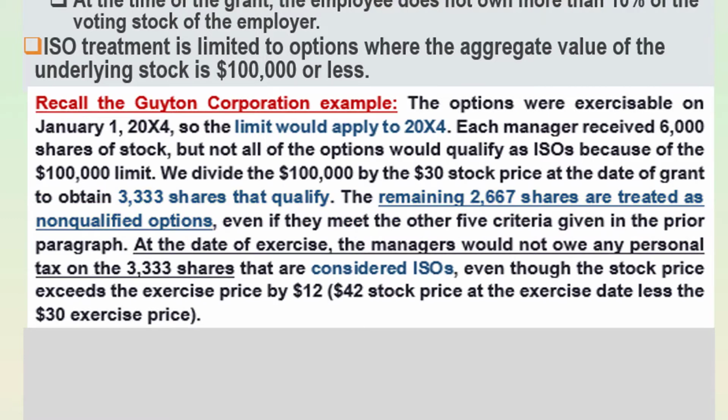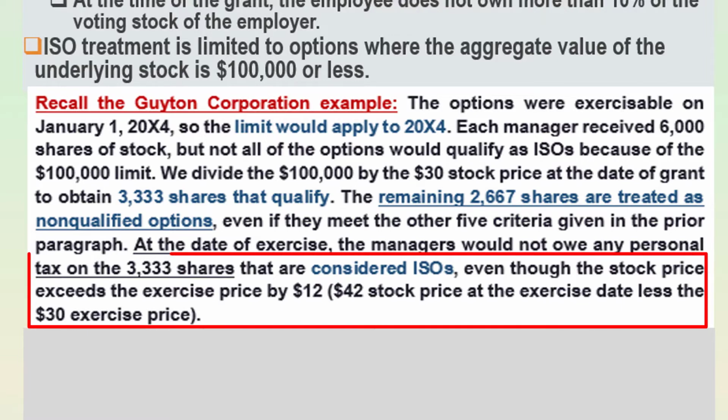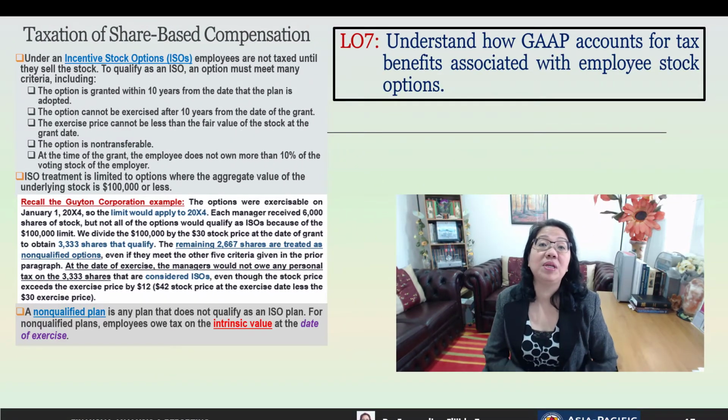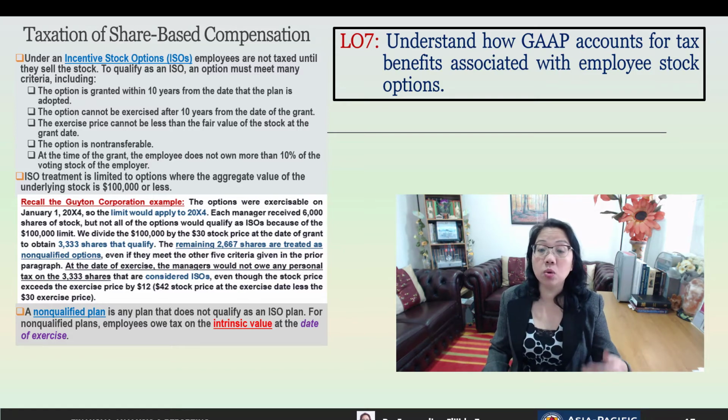So at the date of exercise, the managers would not owe any personal tax on the 3,333 shares that are considered ISOs, even though the stock price exceeds the exercise price by $12. So what happens with those that do not qualify as ISO? Well, for non-qualified plans, employees will owe tax on the intrinsic value at the date of the exercise.